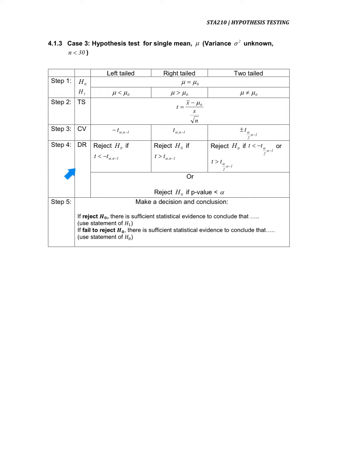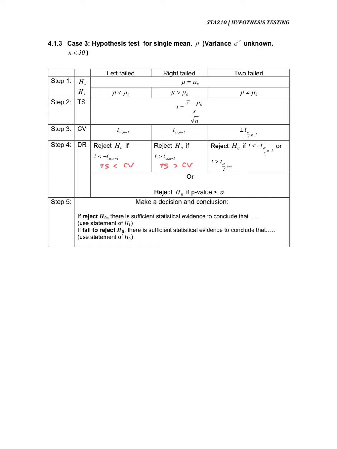For the decision rule for the left tail, we will reject H naught if the test statistic is less than the critical value. For the right tail, reject H naught if the test statistic is greater than the critical value, which is t alpha, n minus 1.